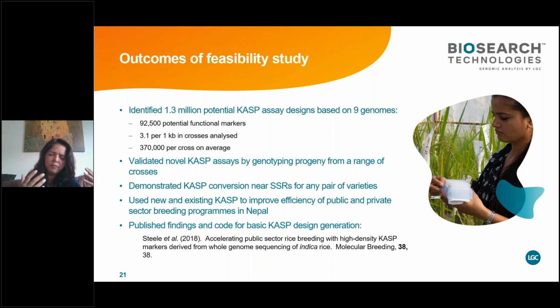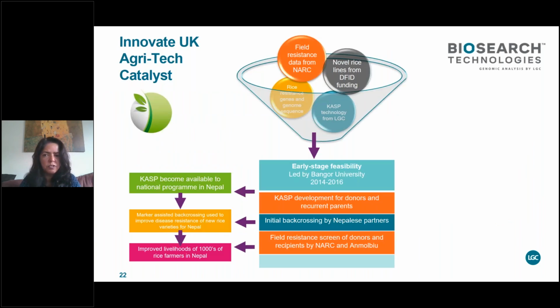So we've carried out the feasibility study, we've resequenced nine Nepalese varieties, we've compared them to the reference genome, and we have a pipeline which could develop robust KASP markers. So then we moved into the next stage, which was the industrial phase of the project.